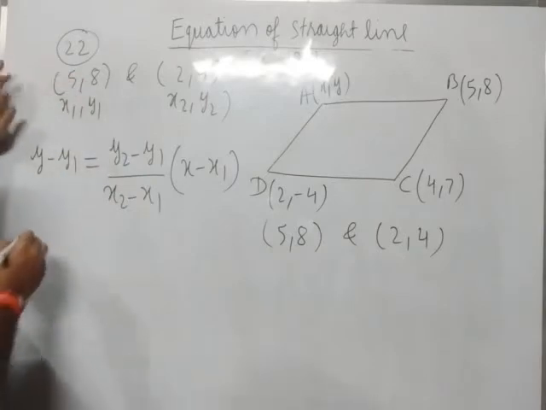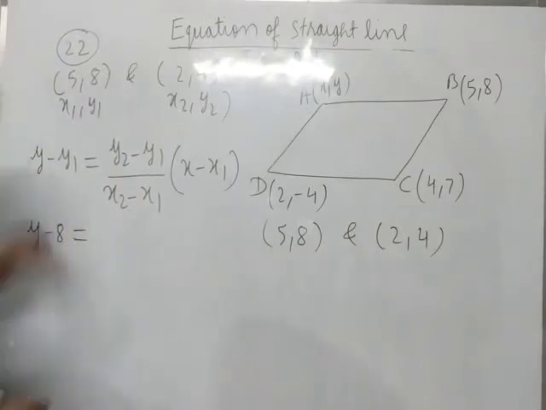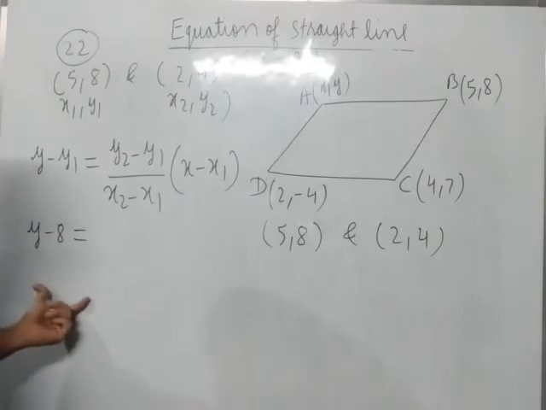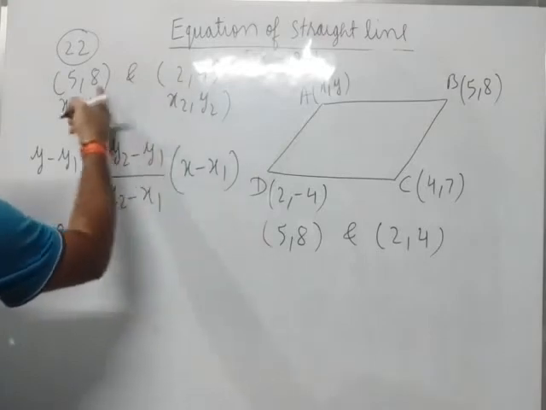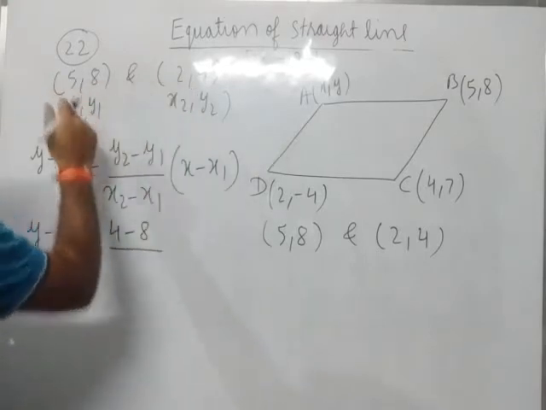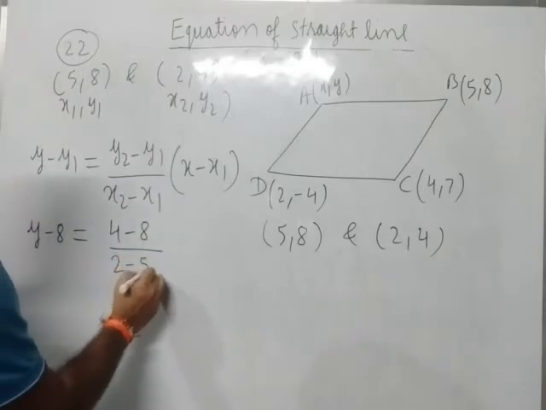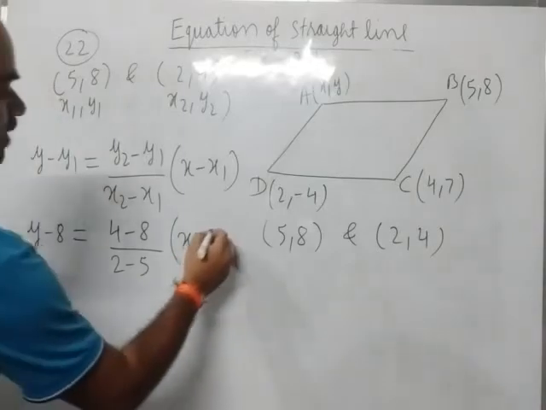Clear? Then substitute the values. y1 is 8. Then y2 minus y1 means 4 minus 8 upon x2 minus x1 means 2 minus 5. Then x minus x1, x1 is 5.